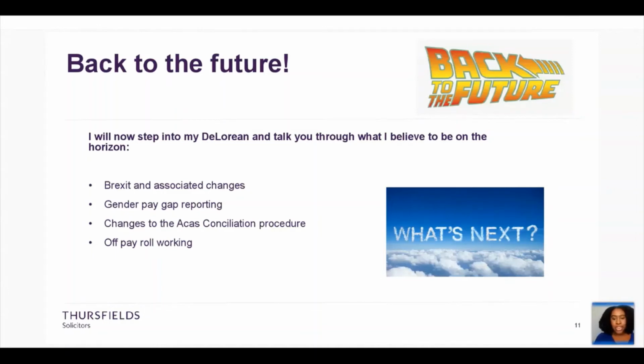In relation to gender pay reporting, in view of the COVID-19 crisis, the Government Equalities Office and the Equality and Human Rights Commission have, as you probably know, suspended enforcement of the gender pay gap reporting deadlines for the 2019-2020 reporting year.